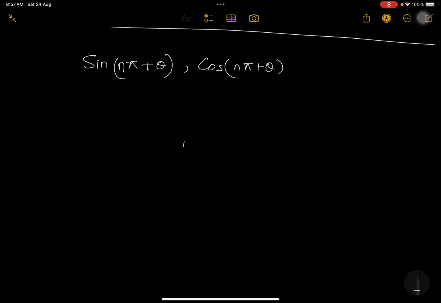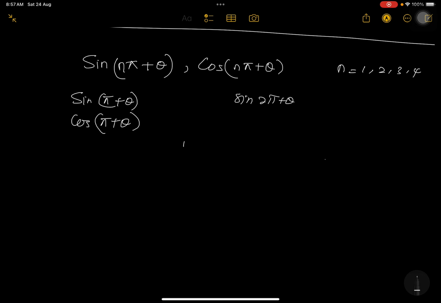What is meant by this? For example, sin pi plus theta, cos pi plus theta. So n can take 1, 2, 3, 4 values. For example, sin 2 pi plus theta, cos 2 pi plus theta.